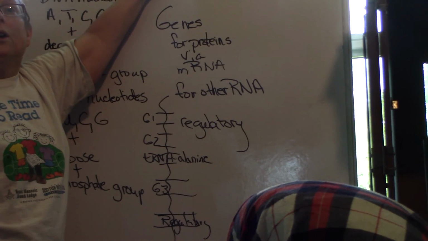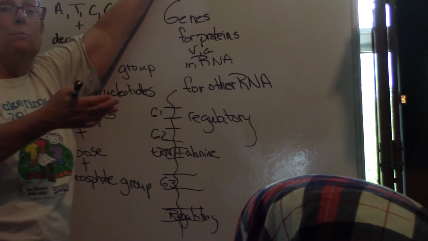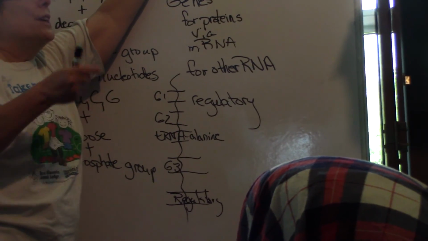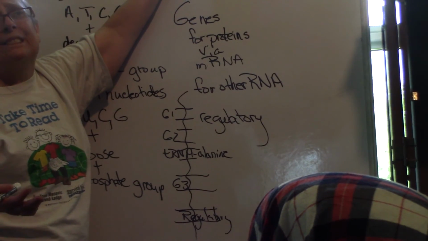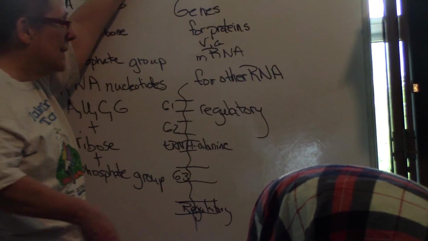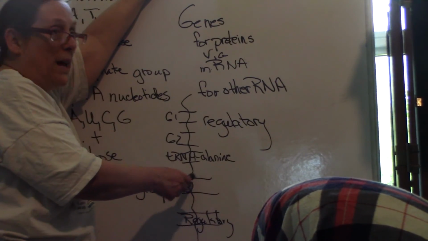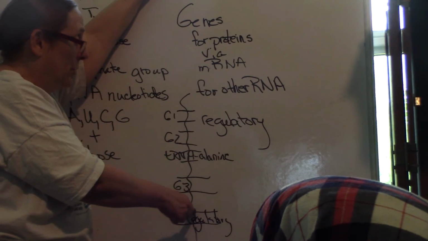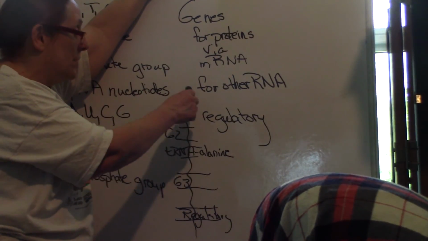So there are ribosomal RNAs that, along with proteins, make up the ribosomes. There are transfer RNAs, and there are about 66 of them. I'll show you that when we look at the genetic code in a second. But there are about 66 of them, and they are transcribed, as well as some regulatory genes.